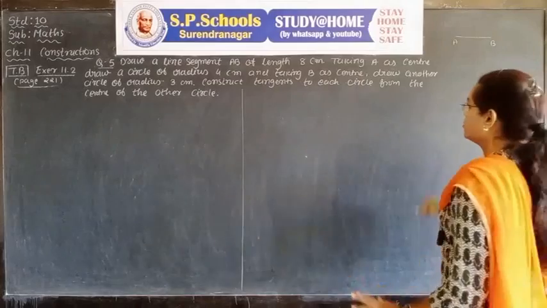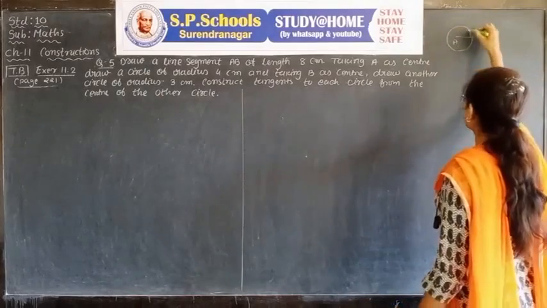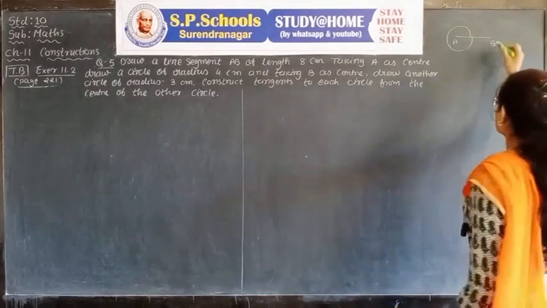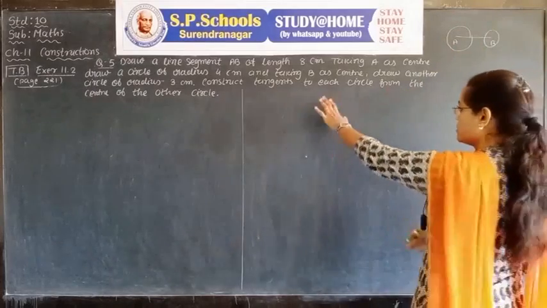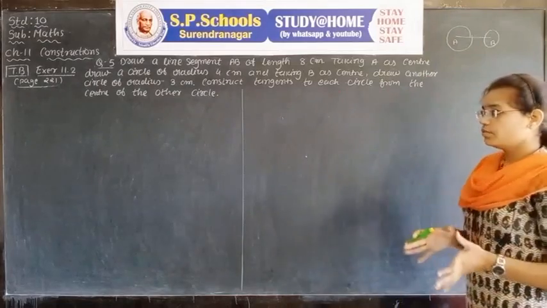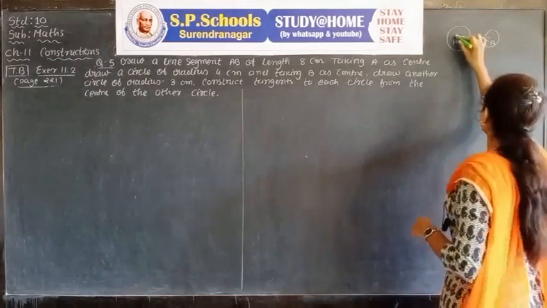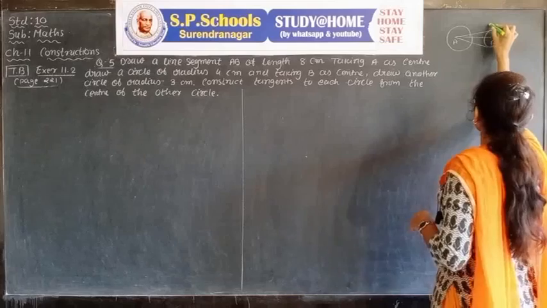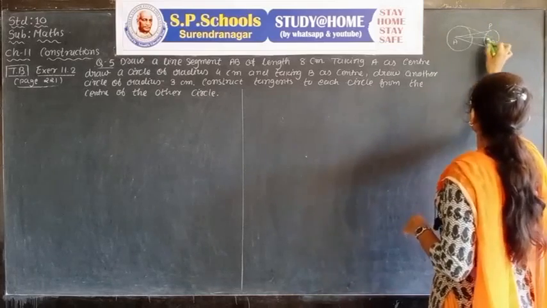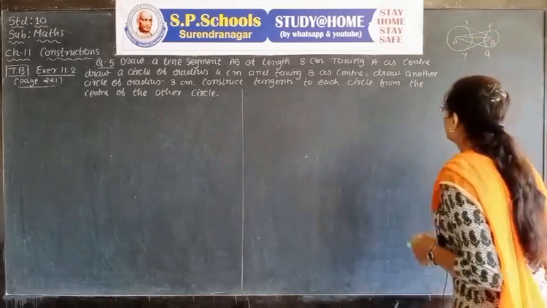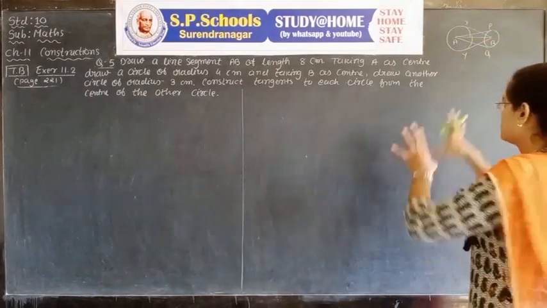A as a center, draw a circle of radius 4 cm, and taking B as a center, draw a circle of radius 3 cm. We have to construct tangents to each circle from the center of the other circle, like this: AP, AQ, then BX, BY. The construction is just like this.